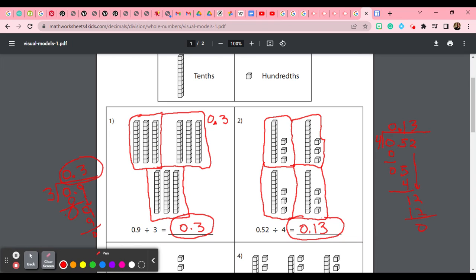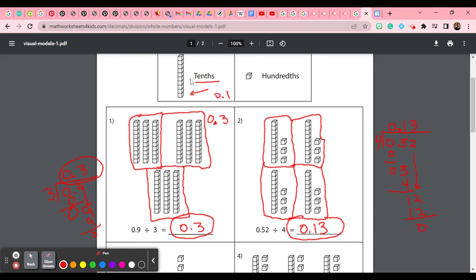Now, I do want to caution you. There's usually a key like this at the top of every problem. And just because in this problem a stack of 10 is worth tenths, 1/10 like this, it doesn't mean it's always the case.